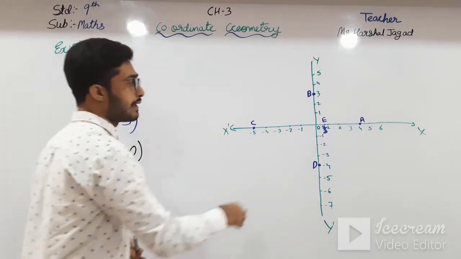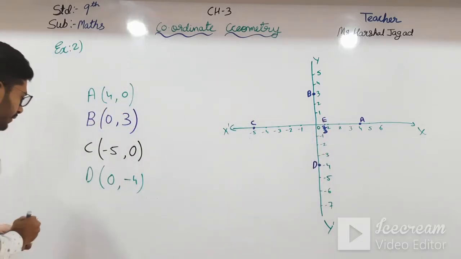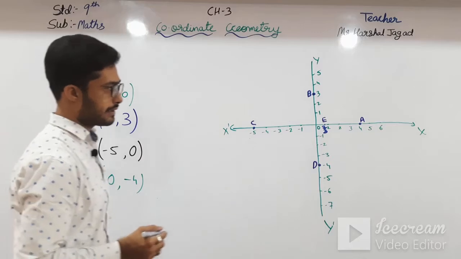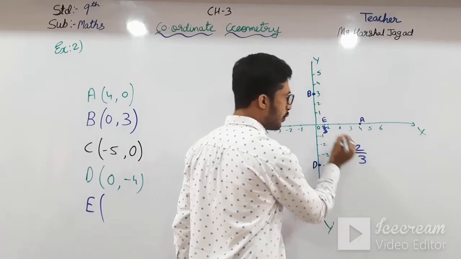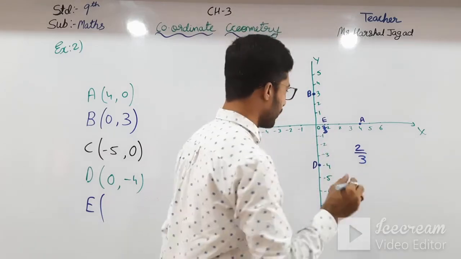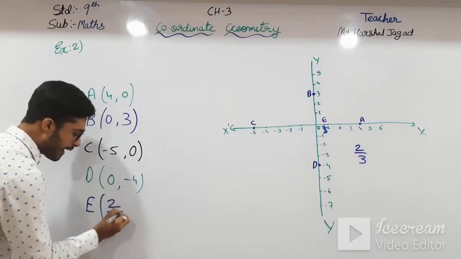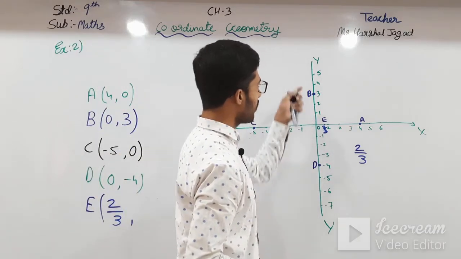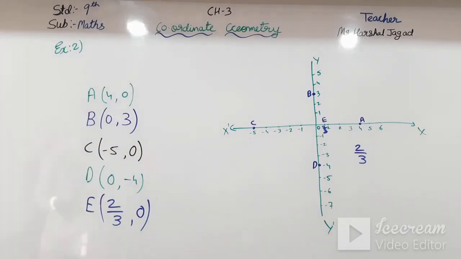And the last, that is point E. How will we find the coordinates of E? In the x axis they have given that it is at 2/3. Okay students, so in the x coordinate we have to write 2/3, and in the y axis it is nothing, so y is equal to 0. So these are the coordinates of A, B, C, D and E.